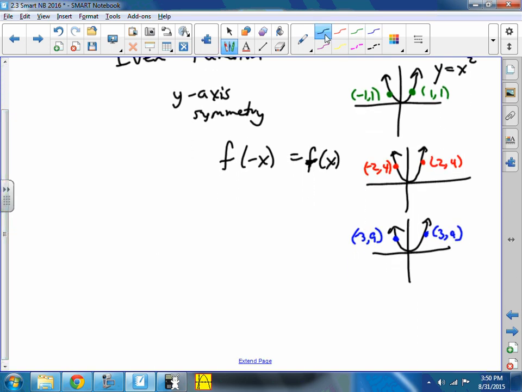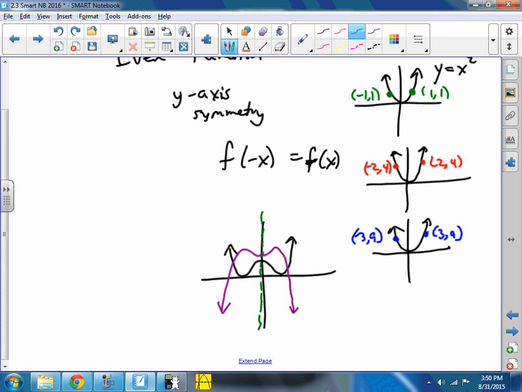And these graphs are all even functions. I'm drawing several now. This one, this black one, this purple one. That wasn't a very good drawing. Let me redraw that. This purple one. These are very easy to spot because the y-axis cuts them right down the middle.